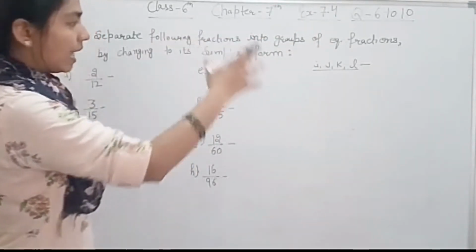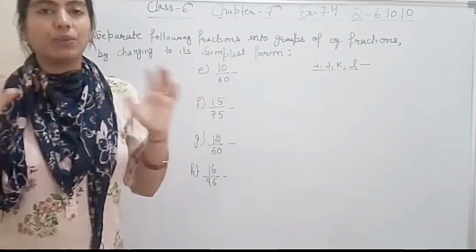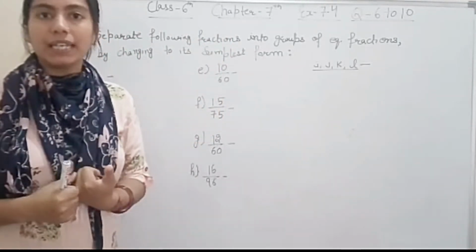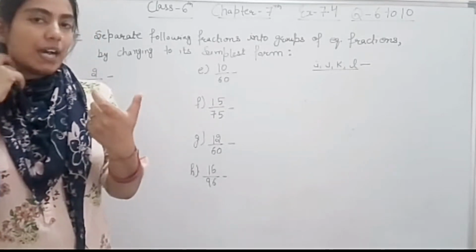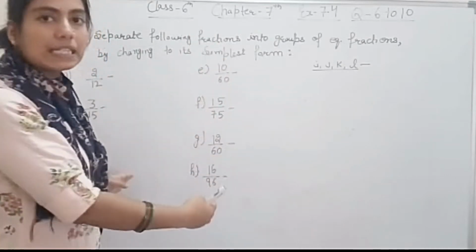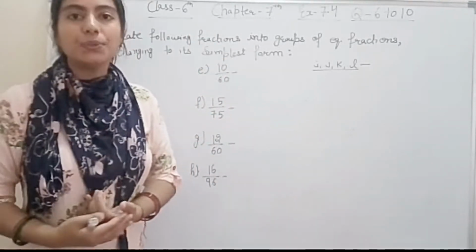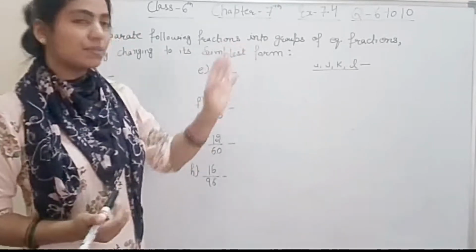It means you have a number of fractions and you have to make groups of equivalent fractions. And how will we make them? Whenever the answer comes the same amongst these fractions, they will come under the same group only. I'll do it, students, then you will understand better. It's very easy.